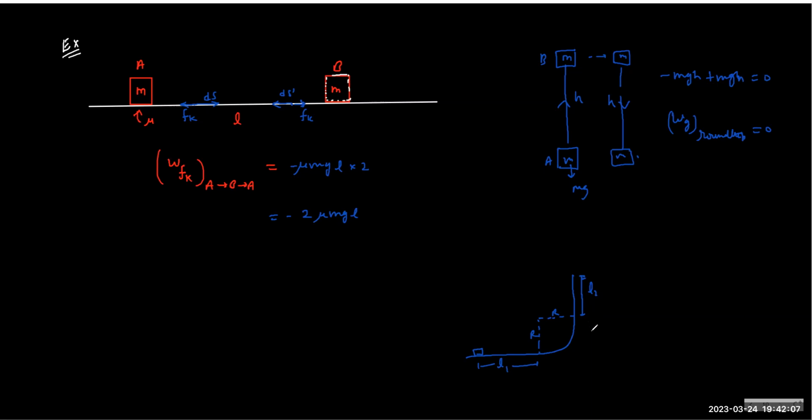Imagine that the applied force is F always. Let's say someone is pressing against the wall, and now the block travels from point A to point B under the action of the same applied perpendicular force. And this entire setup is in the horizontal plane.